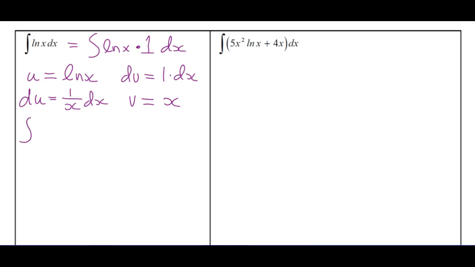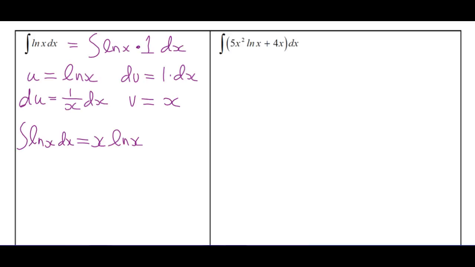Well, again, so we've got the integral of, well, I'm not going to write out the formula anymore. So the integral of ln x dx is equal to u times v, so ln x times x. Let's write that as x ln x. If I write it as ln x times x, somebody's going to be convinced the next line is ln of x squared, which is not true.